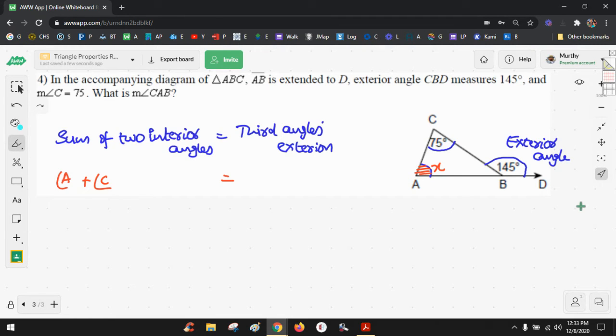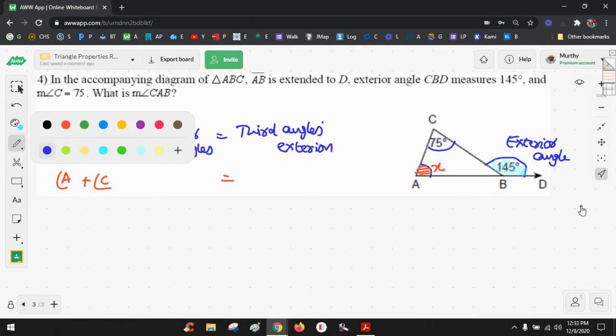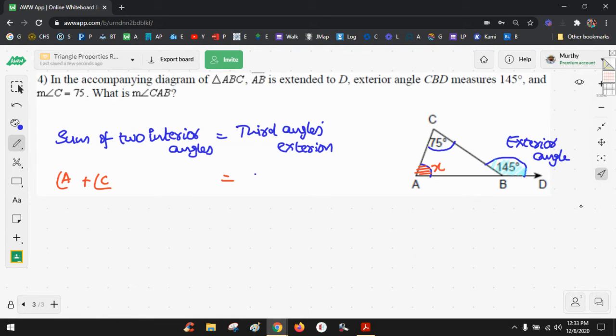Let me shade this one. I have to consider the outside of this triangle, so that is CBD. As I told you before, please write the condition every time. Don't be in a hurry when you solve or when you practice. Maybe in testing, if you are taking an online test, then that's fine. But otherwise, you had better write it every time so this point stays in your mind.